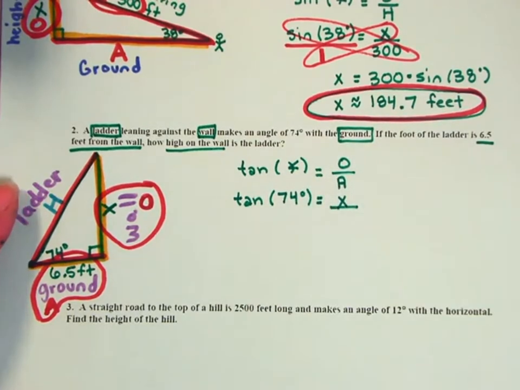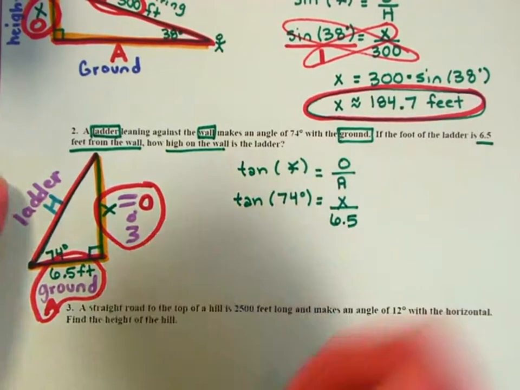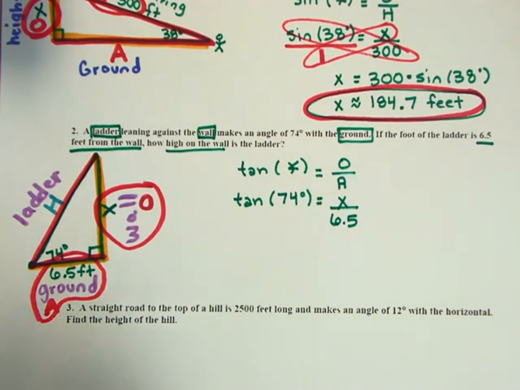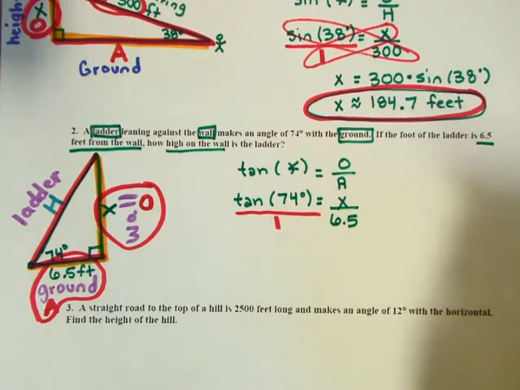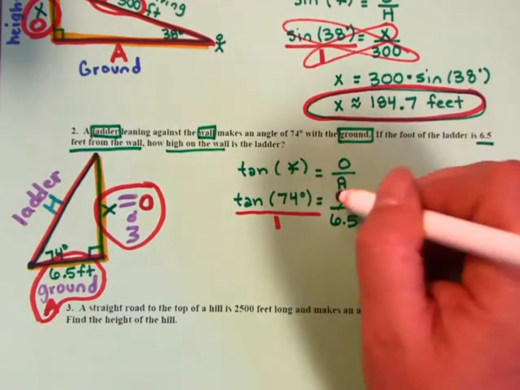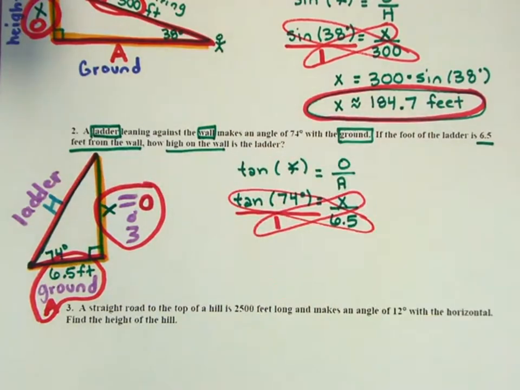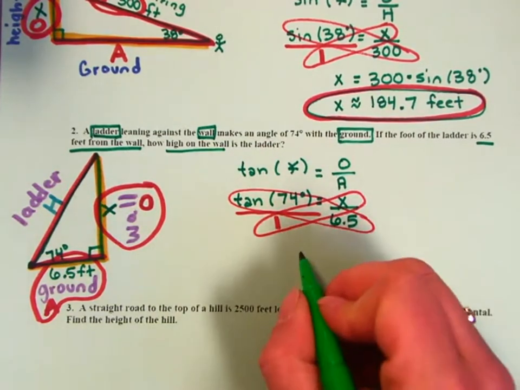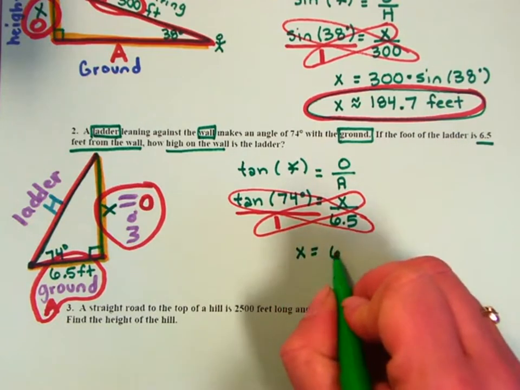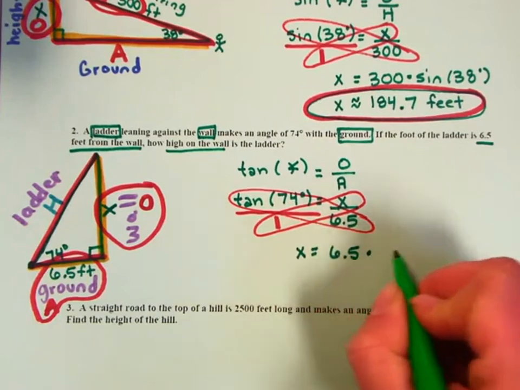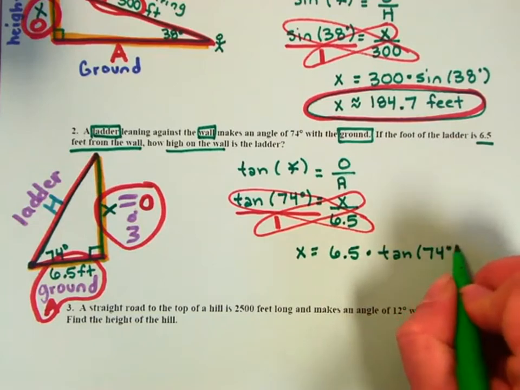X. Very good. What is my adjacent? 6.5. The easiest way to solve this is to set up a proportion. The easiest way to solve a proportion is to cross multiply. So I have x times 1, which is just x, is equal to exactly 6.5 times the tangent of 74 degrees.